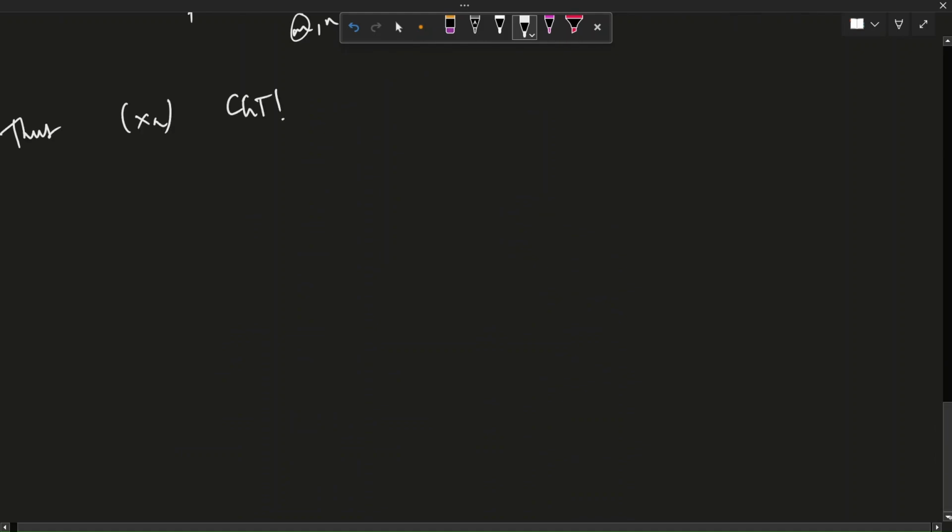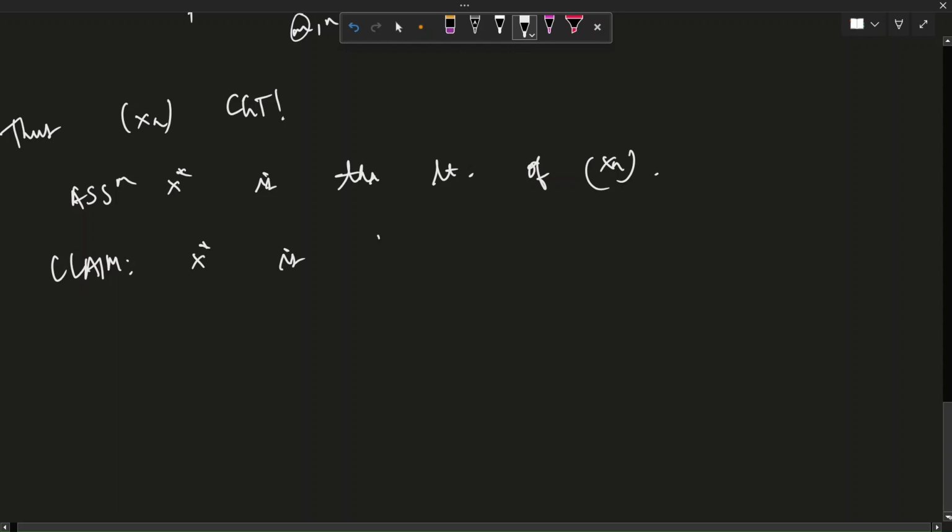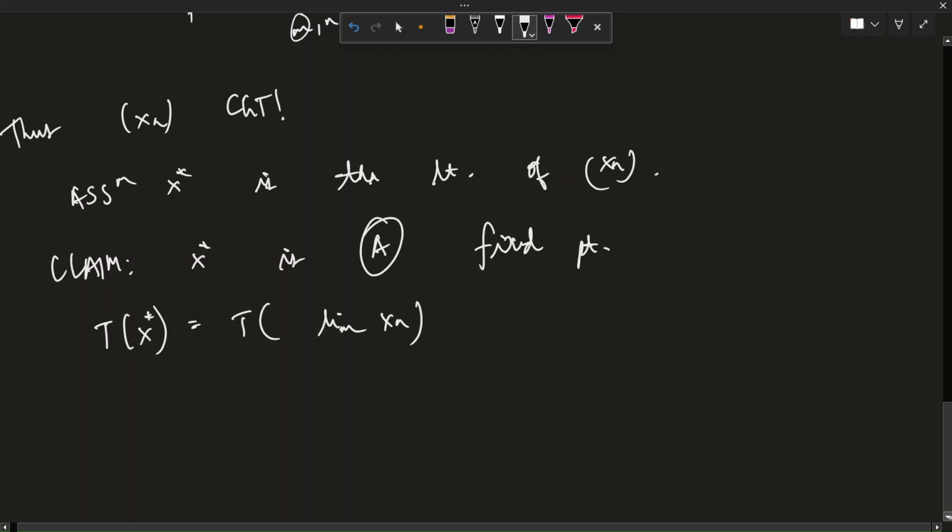xn is convergent. Now assume x star is the limit of xn. My claim now is that x star is a fixed point. We're still on the existence, remember. How do we show that? Let's just compute. What is T of x star? I can write x star as the limit of xn.